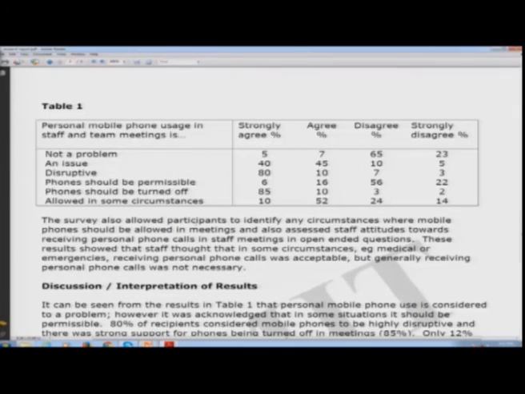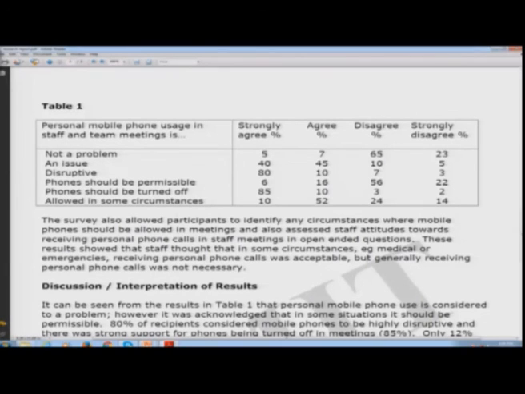The survey also allowed participants to identify any circumstances where mobile phones should be allowed in meetings, and also assessed staff attitudes towards receiving personal phone calls in staff meetings in open ended questions. These results showed that staff thought that in some circumstances, for example, medical or emergencies, receiving personal phone calls was acceptable, but generally receiving personal phone calls was not necessary.